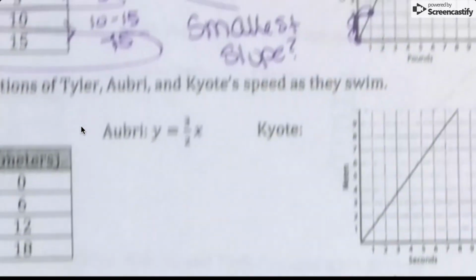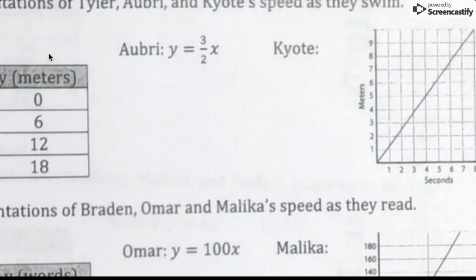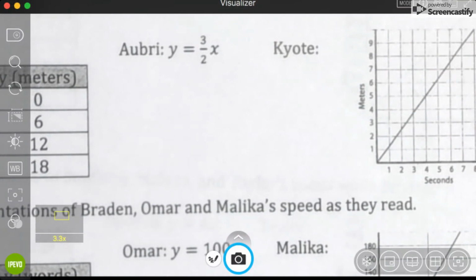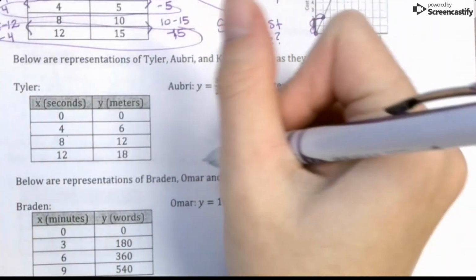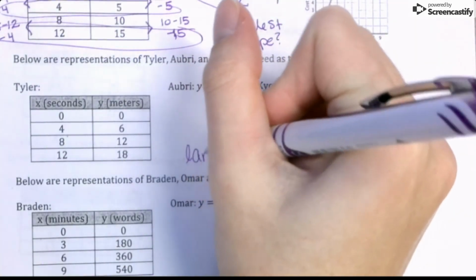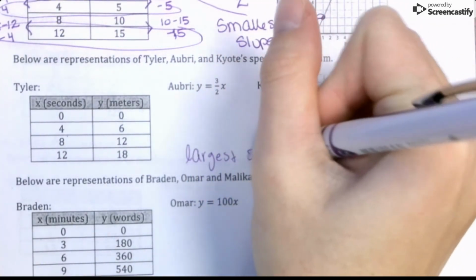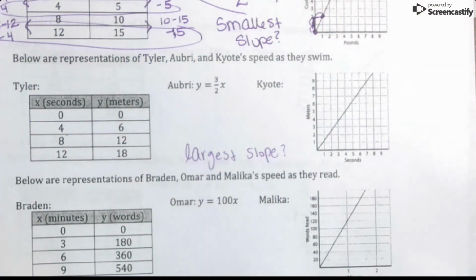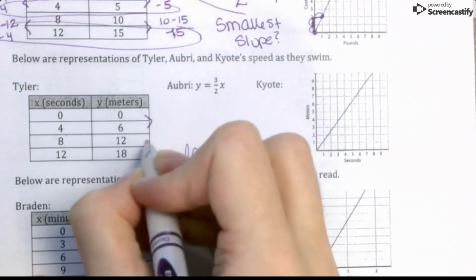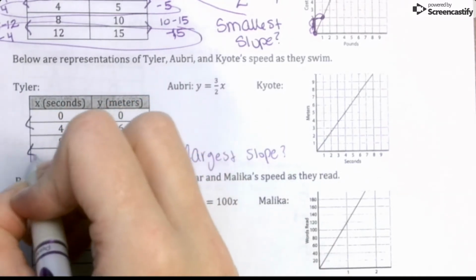So let's look at the third one. Again, let's look at the largest slope for this one. Okay, so let's start with our arrows and our subtracting.